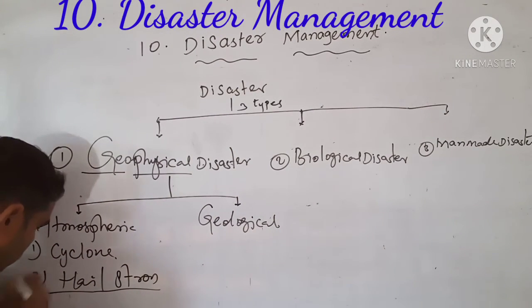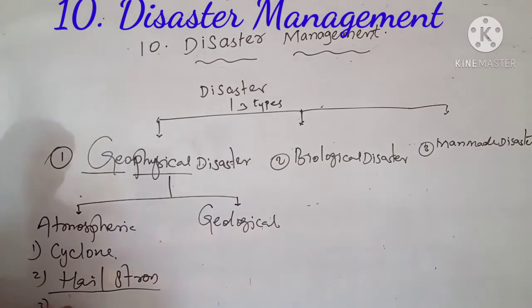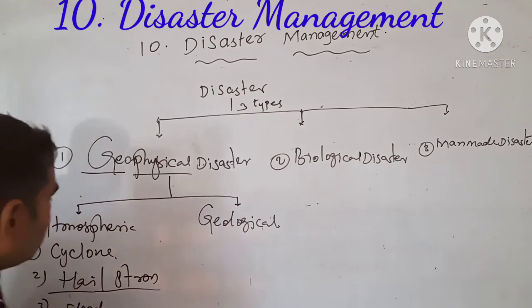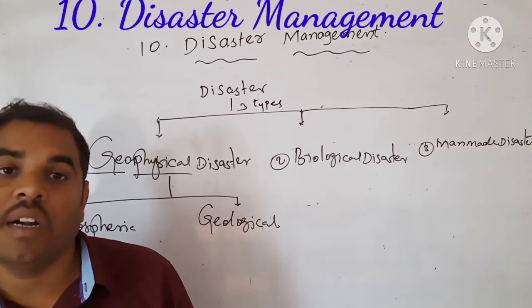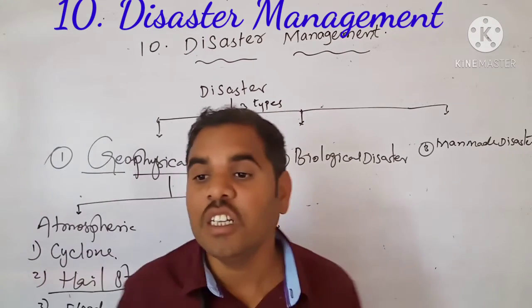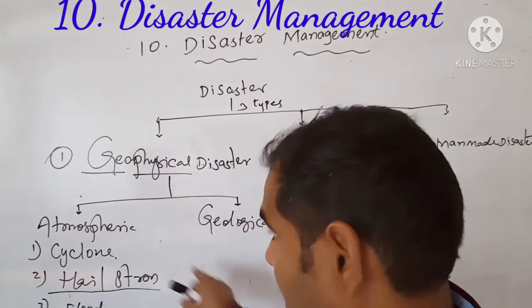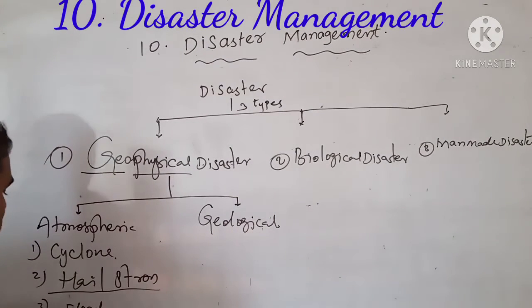Next we have to see floods and droughts also. See, these are the atmospheric change disasters. If the atmosphere changes, we get disasters like these. Cyclone, hailstorm, flood, drought.